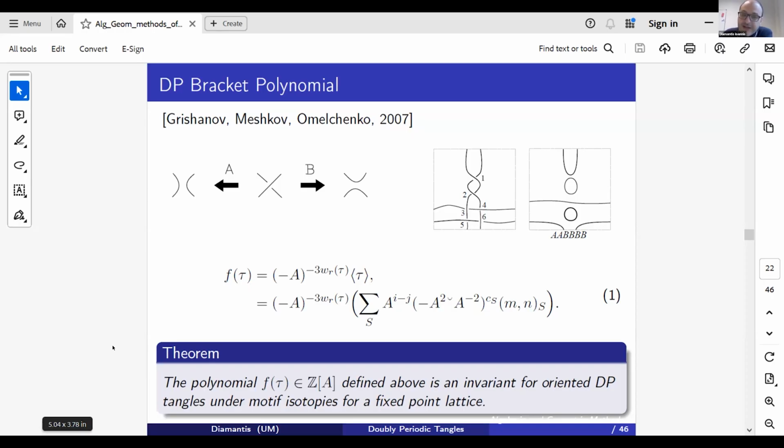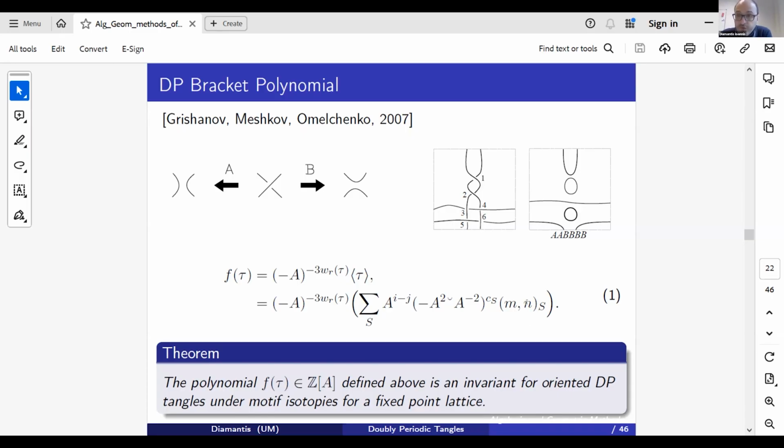It's an invariant under motif isotopies for a fixed point lattice, but it fails to be an invariant for dent twists, which means that for equivalent DP tangles that differ by a dent twist, this most likely will fail to distinguish them or have an idea that they are the same. And this pair that you see here, these numbers M and N, correspond to the number of windings around the meridian and around the longitude. So it's like an (M,N) torus knot.